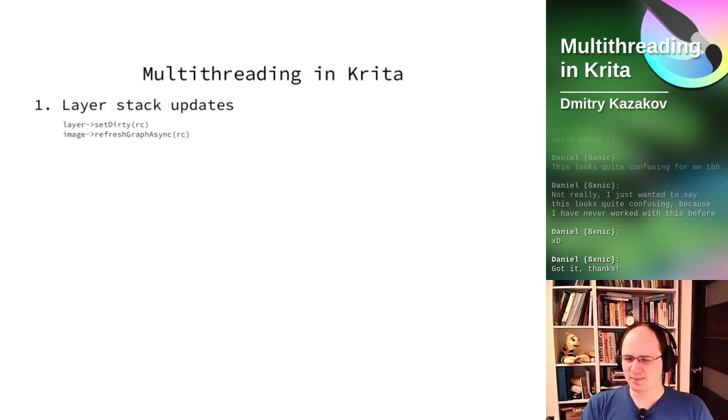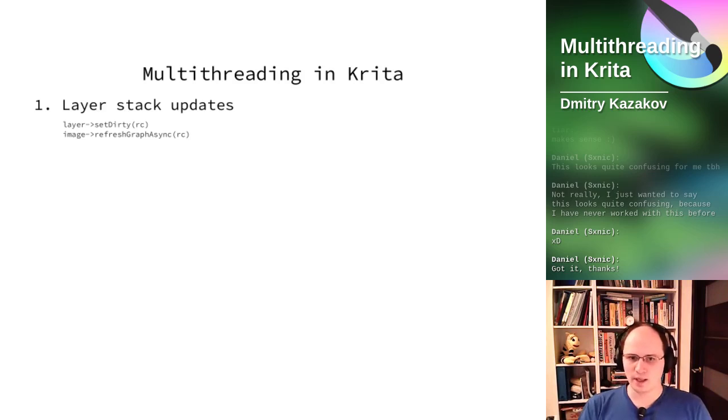They are fixed pipeline jobs. That is, you cannot modify this job. When you call layer set dirty, you declare that this area of the layer became dirty, and it should be integrated probably into the final projection of the image and should be shown to the user.